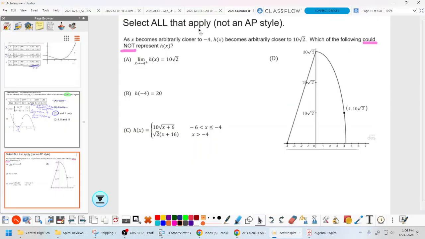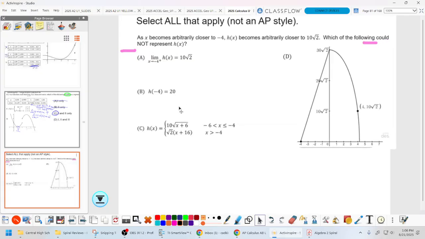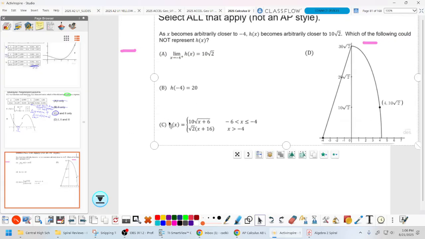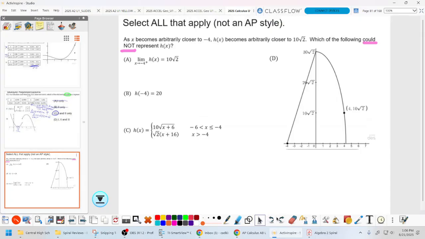AP does not like "all that apply," so this is not really an AP version. You know what, I think I'm just going to zoom this with the projector.